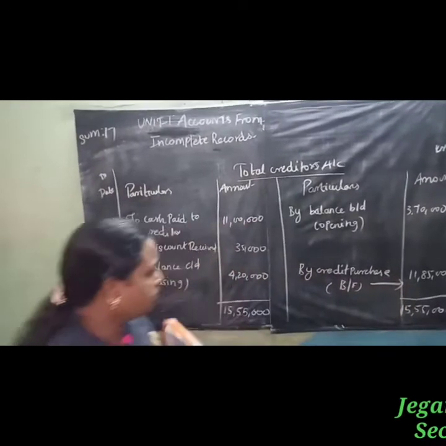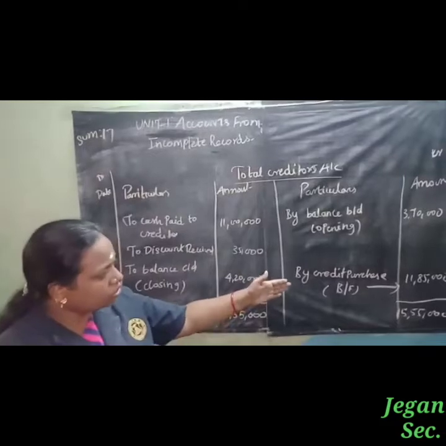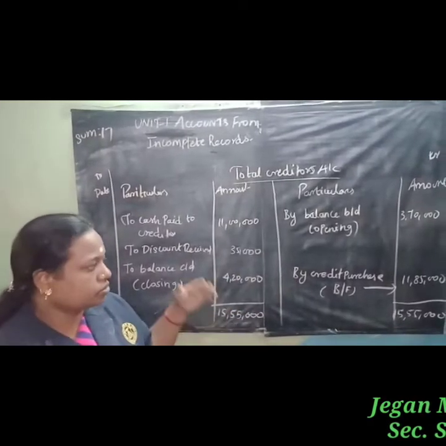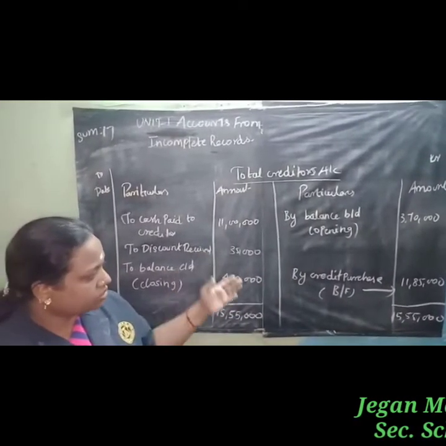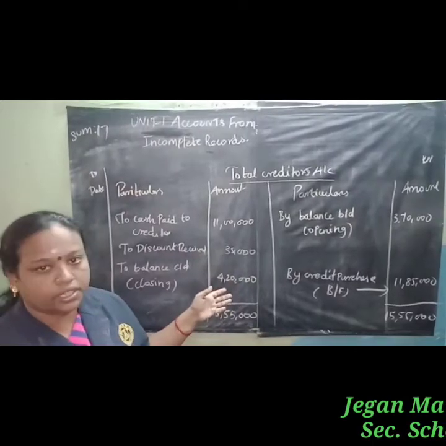So we found the credit purchase amount, 11,85,000. Credit purchase is found, and credit sales also found.